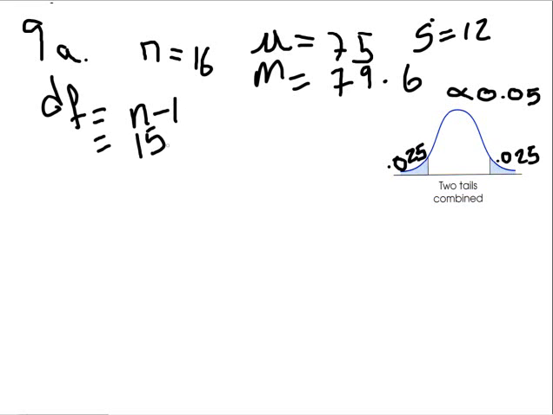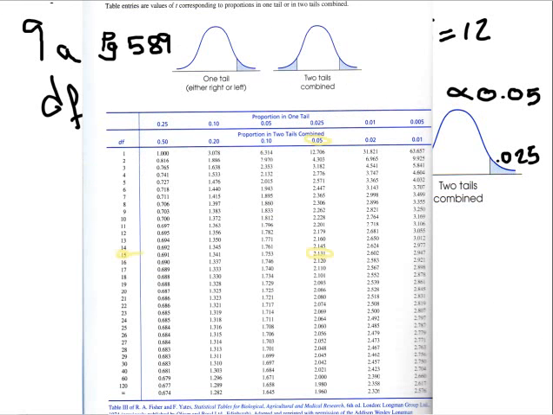So now what we're going to do, we've got the alpha right there, and we've got the degrees of freedom, and now we're going to go to the t-test table, which is in the back of the book on page 589. Now we look at the degrees of freedom, which is 15.